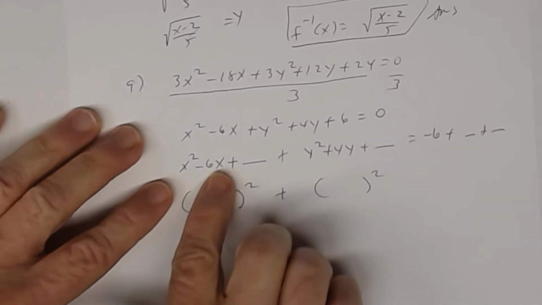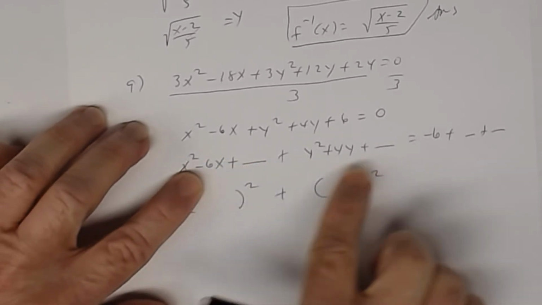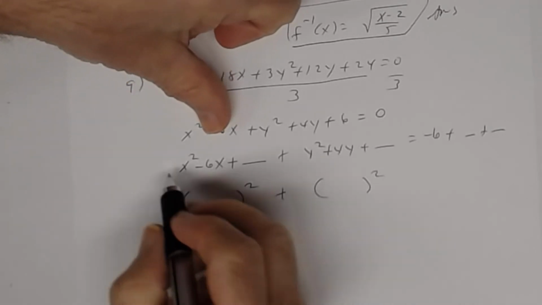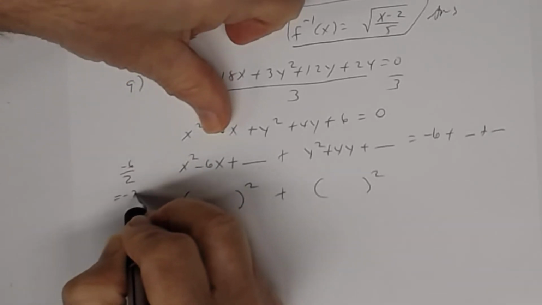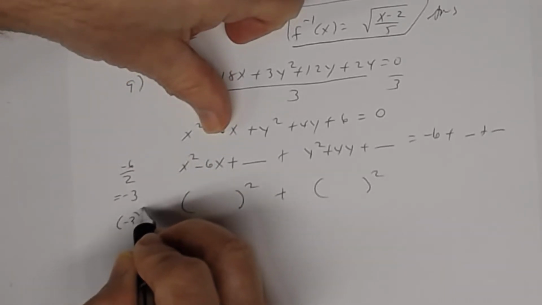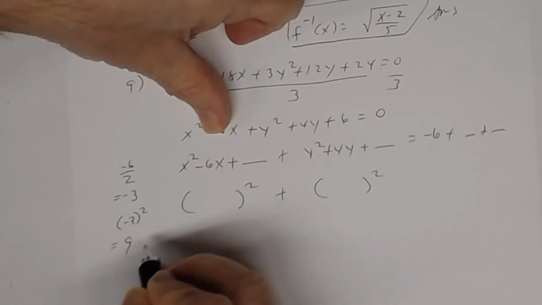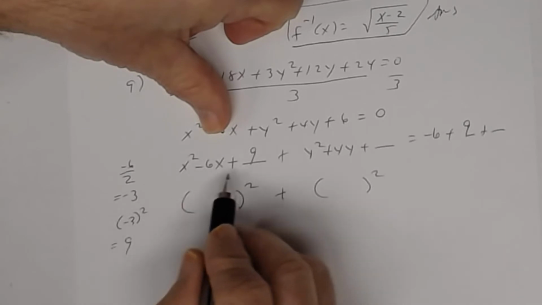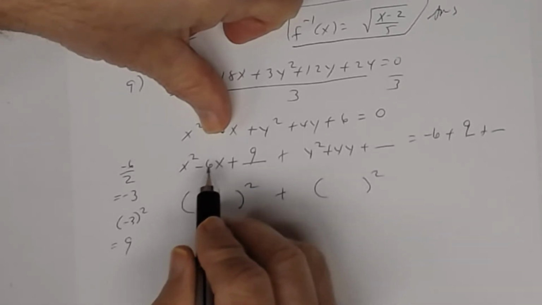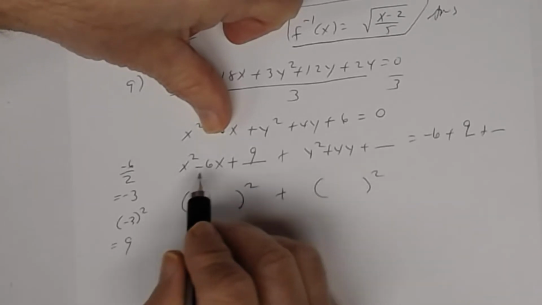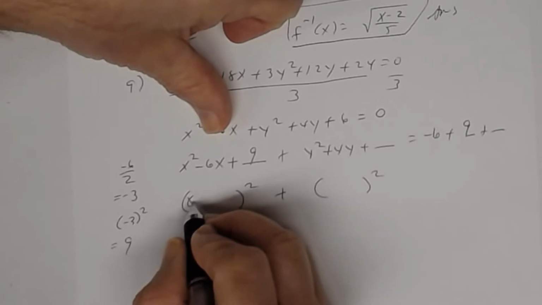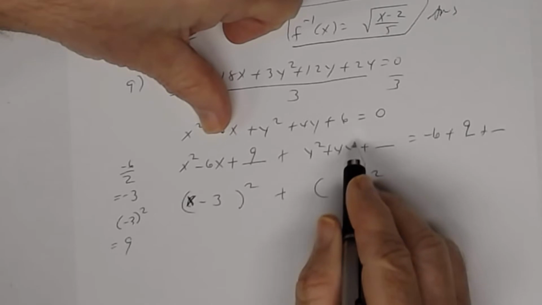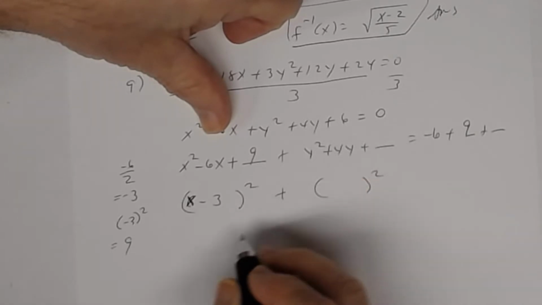Remember, to complete the square, you take half the coefficient of x. Half of negative 6 is negative 3, and you square it. When I square negative 3, I get 9, and that's what you put here, and here. Now when you factor this, it's a perfect square trinomial, so you get (x minus 3) squared. Now we do the y: take half the coefficient of y.